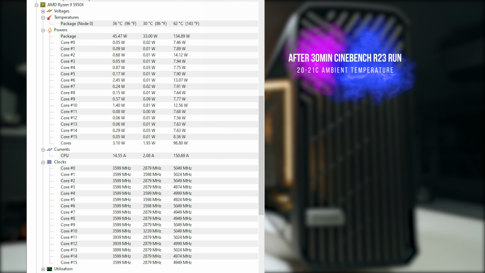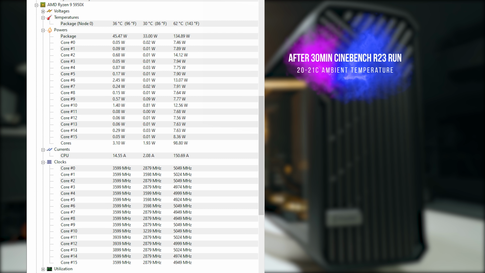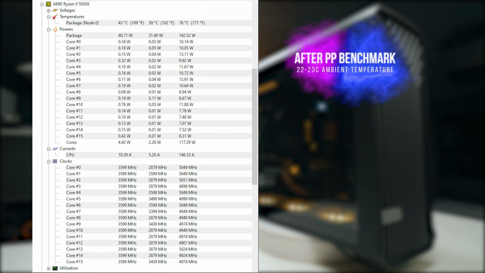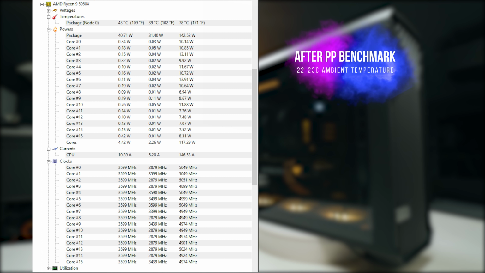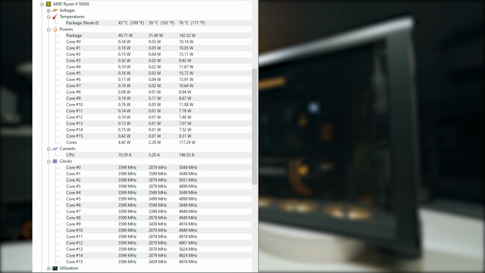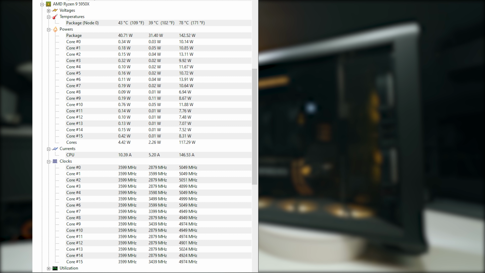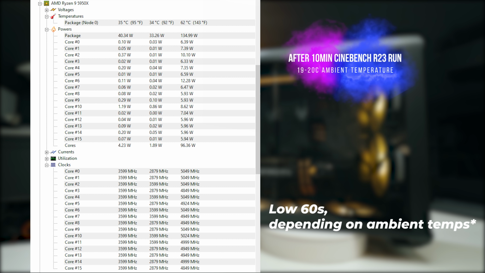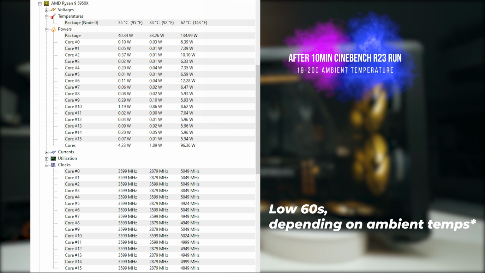At 100% utilization with about 21 to 23 degrees ambient temperature in this room, the maximum temperature that I saw was in the 75 degree range. In Cinebench, for example, running the benchmark back to back at 100% utilization, I'm sitting in the low 70s, but these are very, very good temperatures, especially with that type of monster CPU.